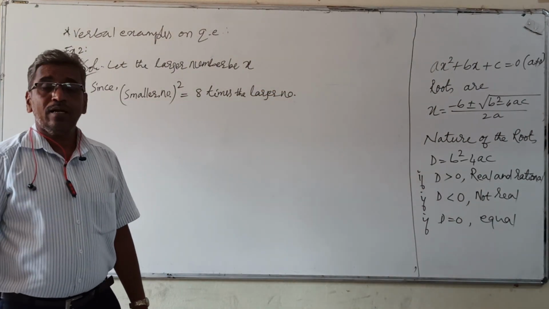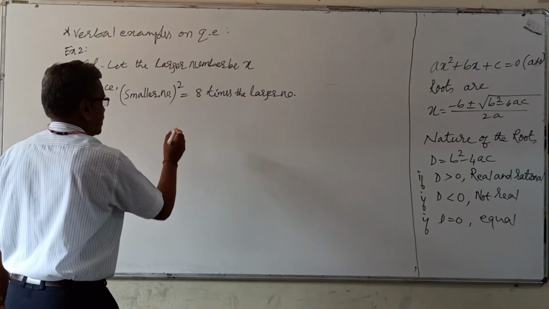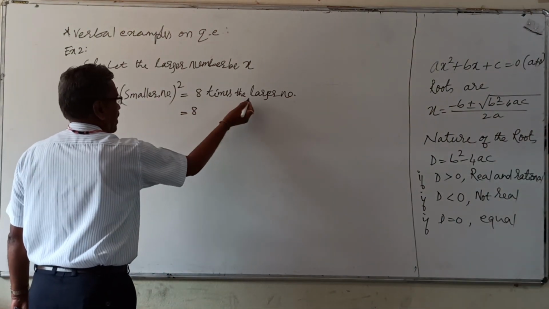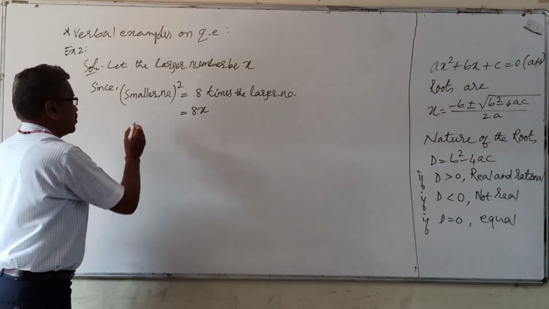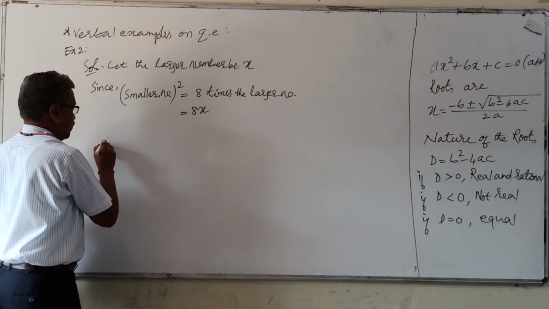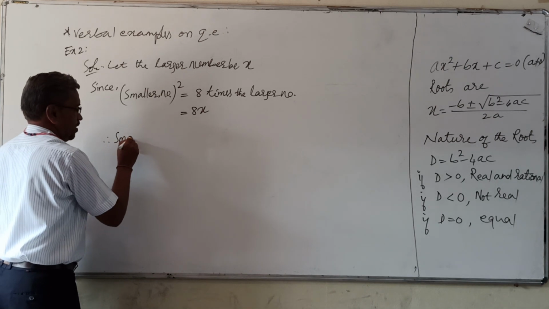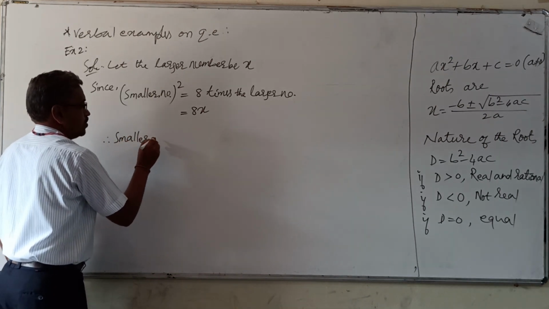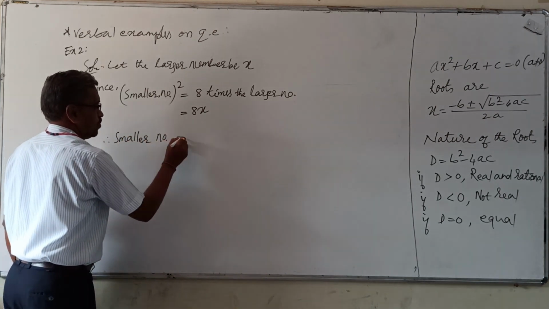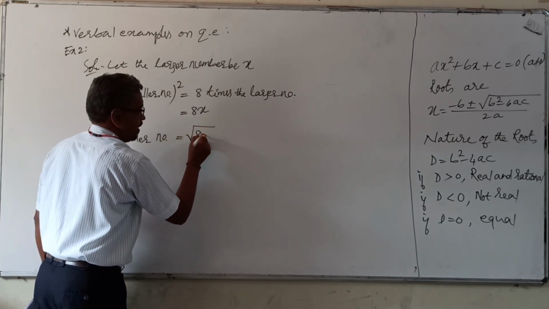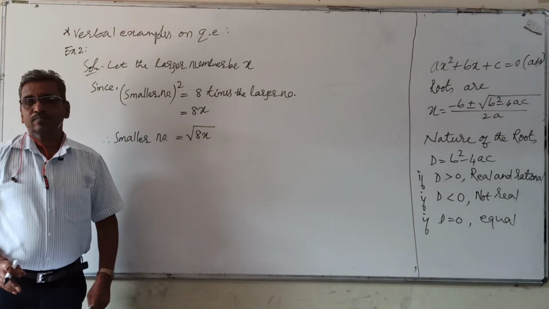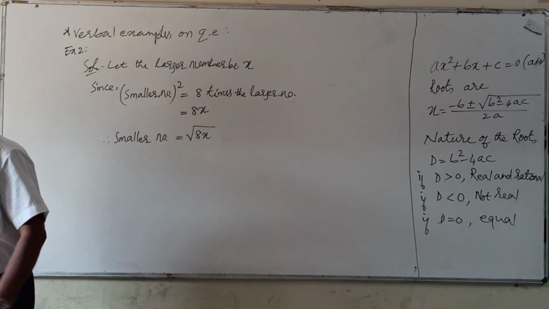So the smaller number we don't know; the square of the smaller number is 8 times the larger number, that is 8x. So the smaller number squared equals 8x. Therefore, what is the smaller number? Smaller number is equal to, square goes, square root comes, root of 8x. Understanding?